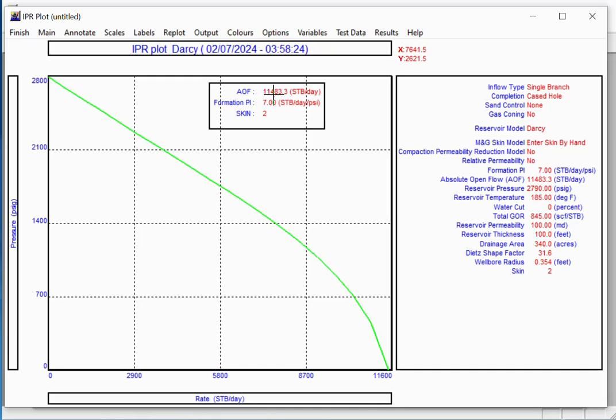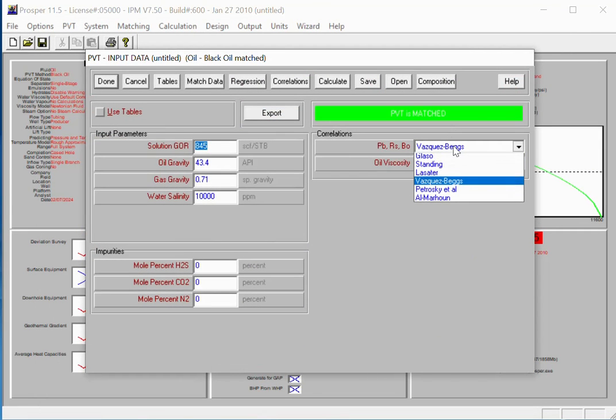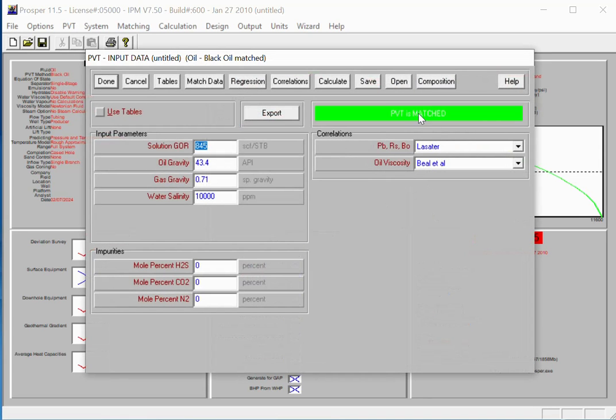Now we have 11,483 from the initial value of 11,516. So like I said, whatever correlation you choose here will greatly affect your result. Now I'm using only the IPR to show the effect. Of course, it will definitely affect the VLP, and then it will affect the general matching all through. So you should take time to match whatever you have here and then choose a good correlation.